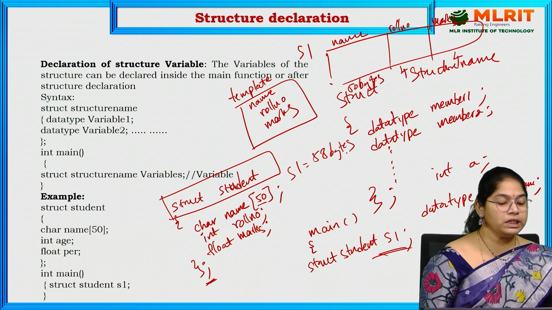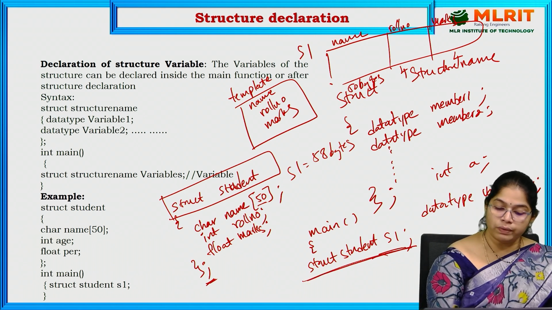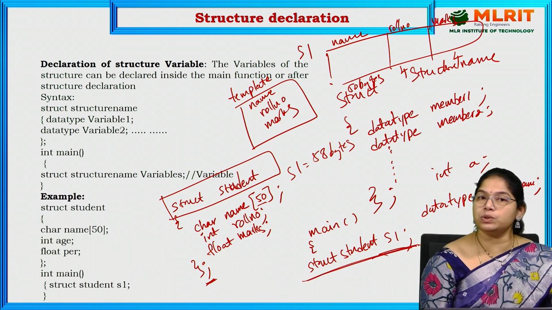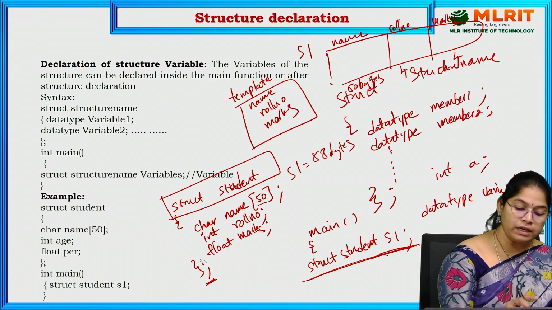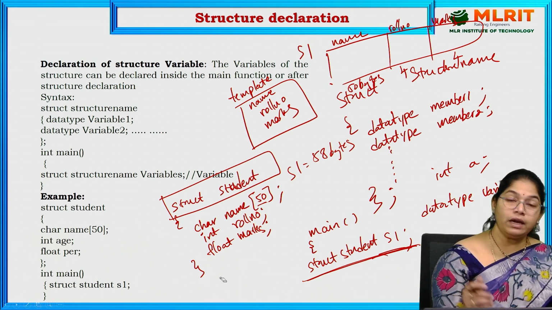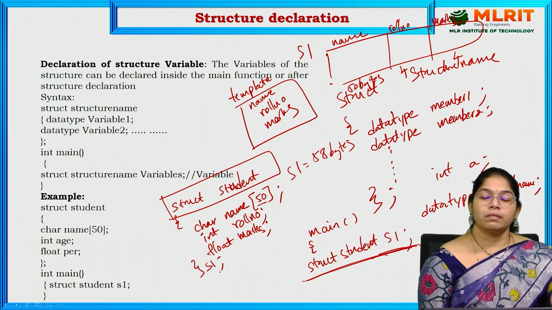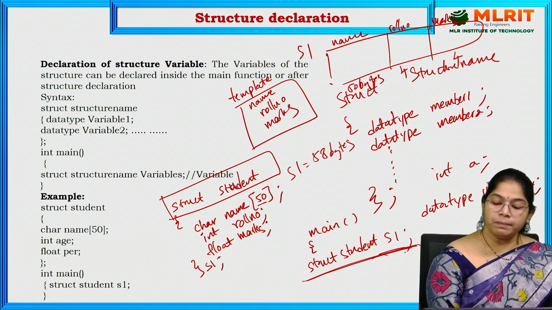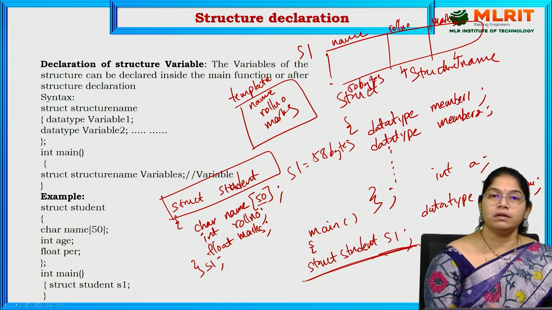Then how to declare a variable to the structure? Either we can go this way, struct student S1, or else whenever we are writing a structure, we can declare the variable there itself, S1. Otherwise we can declare a structure variable in main.